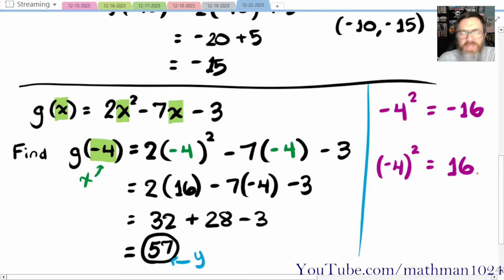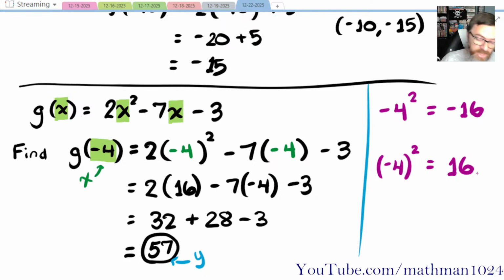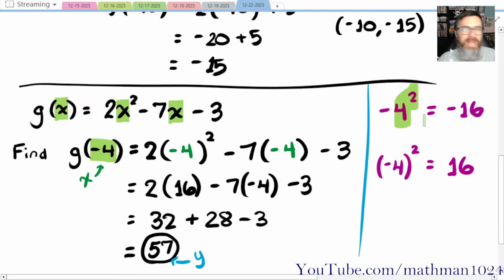You might say, see, this is why math is stupid. No, this is why math has rules. This is why math has syntax, so that whenever I'm looking at an expression, I know exactly how to evaluate that. In the first expression, we have this square that is attached only to the 4, not the negative.